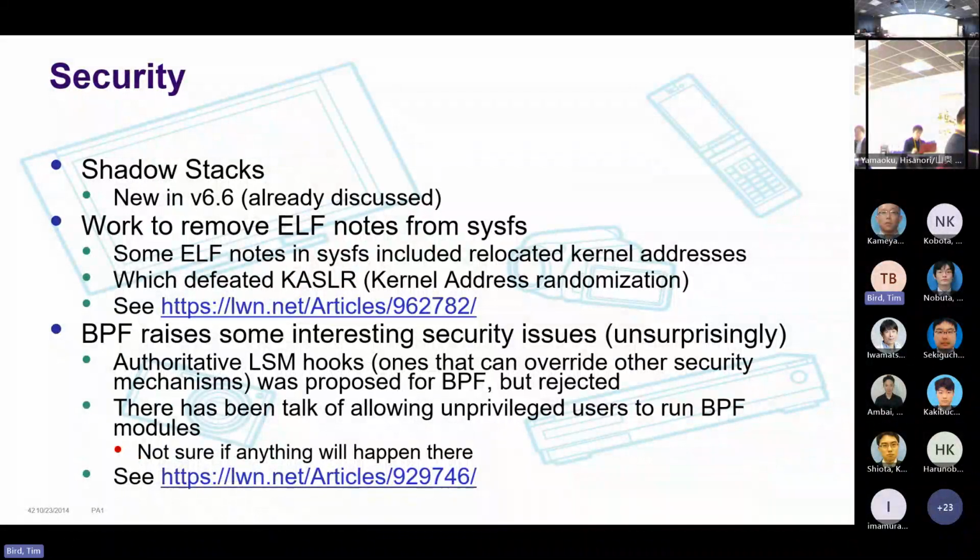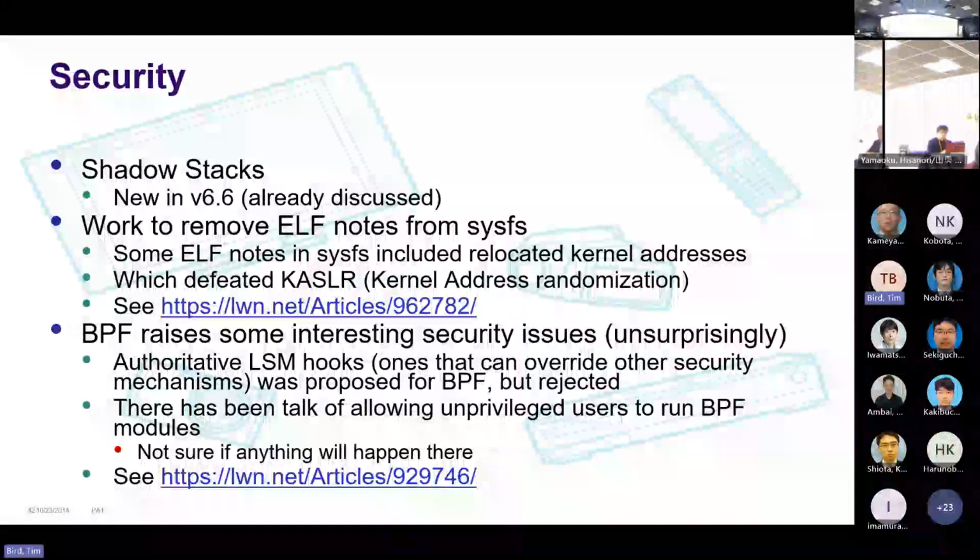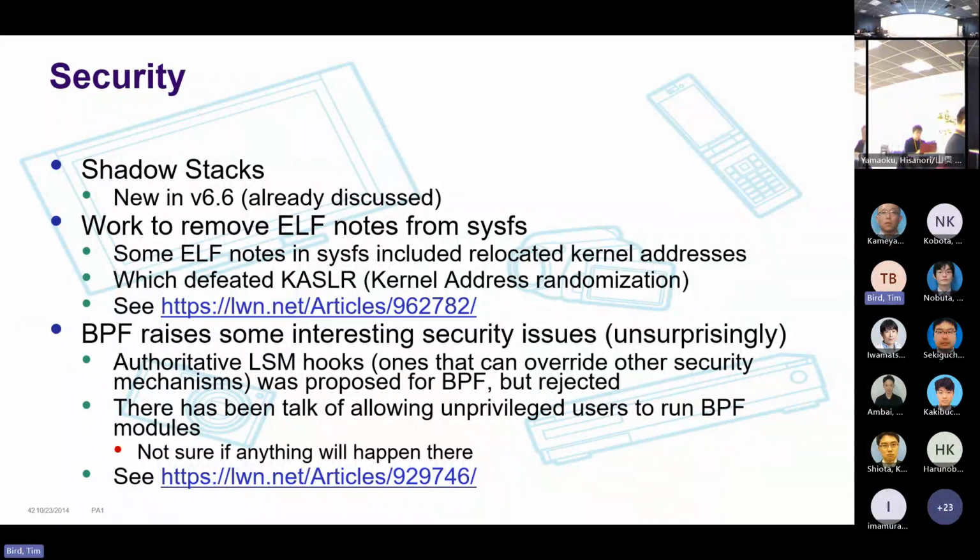Okay, a couple of security things, and I'll try to be watching my time here. We have shadow stacks that I already discussed. There was some work to adjust the ELF notes in sysfs. There's something in the kernel called kernel address space layout randomization, or I call it kernel address randomization.